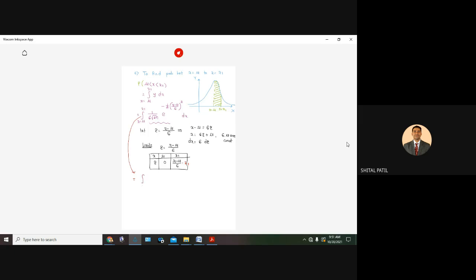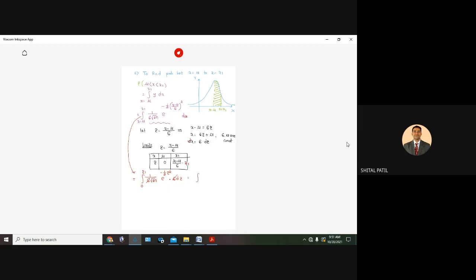Therefore, see how the integral will change. The lower limit is 0, the upper limit is z1. Then 1 upon sigma into root of 2 pi, no change. e raised to minus half stays as it is, and x minus mu divided by sigma is z, so z squared. Into dx, and dx is sigma dz, so this sigma will cancel.